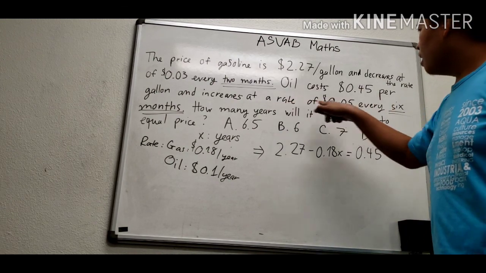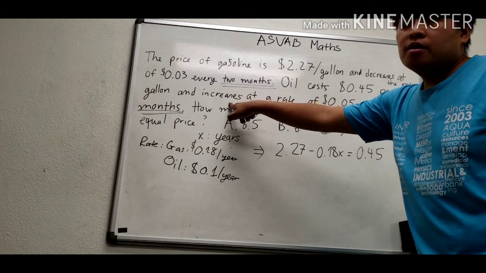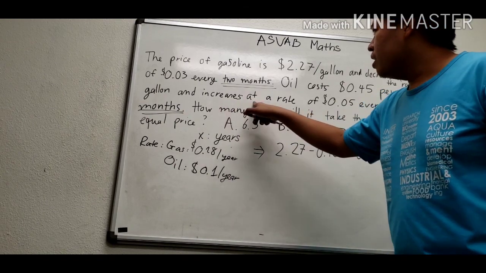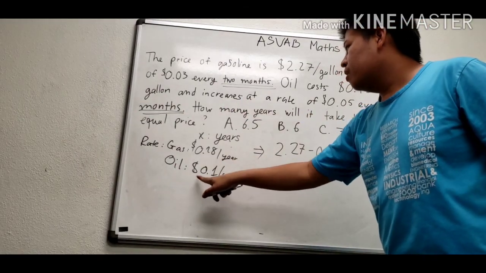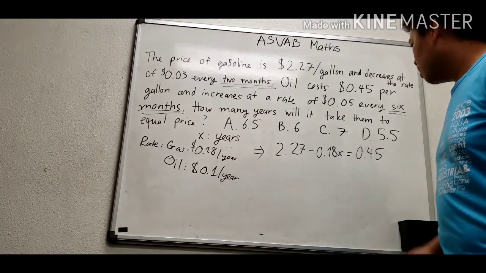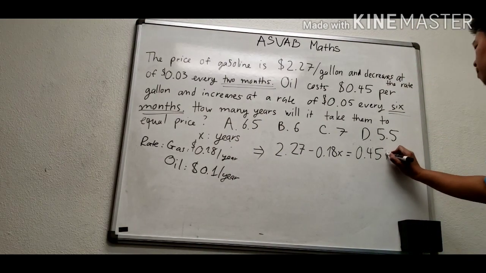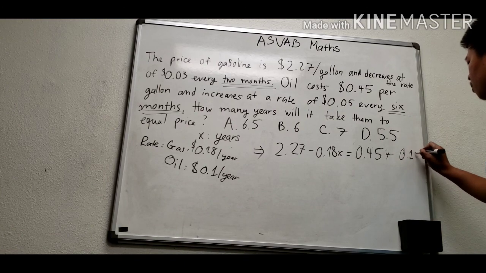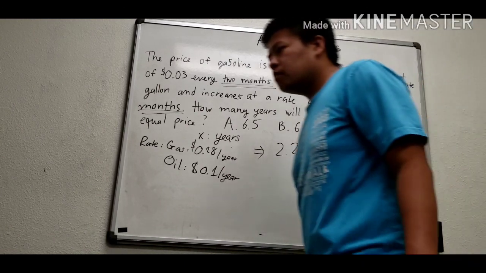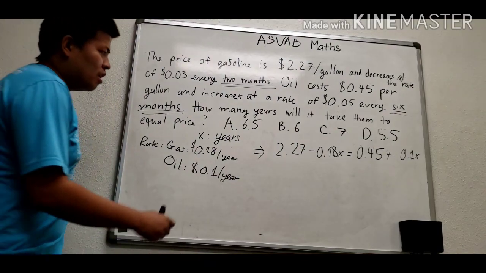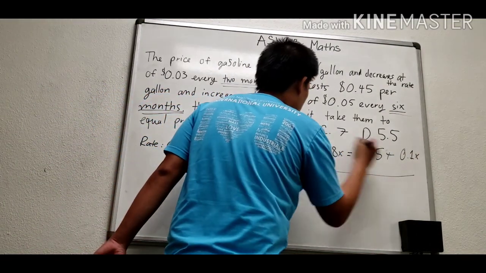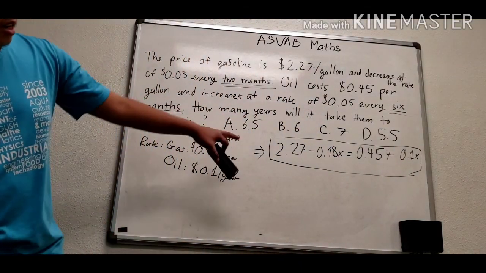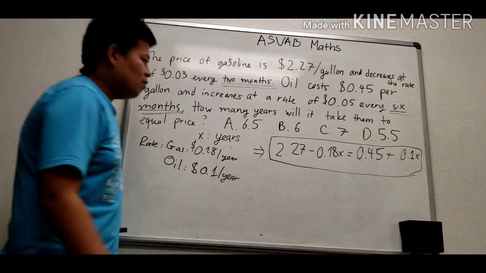And this one we got an increase at the rate in here, so we can say increase as $0.1 per year. So we put the positive sign in here, and we got 0.1s. We got the equation. This is the equation we need to calculate.